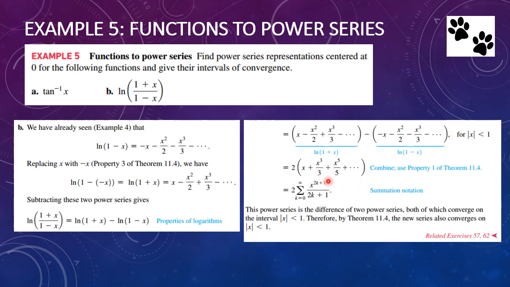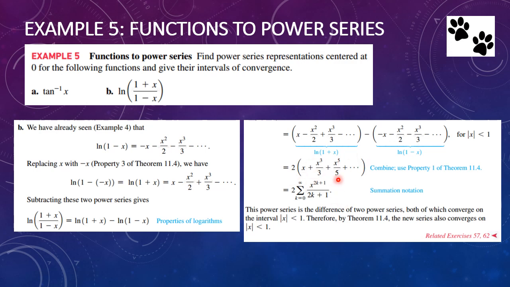And so what ends up happening is everything becomes doubled. x minus a negative x, negative x squared minus a negative x squared, that term disappears, and we're left with just the odd terms and a multiplier of 2.